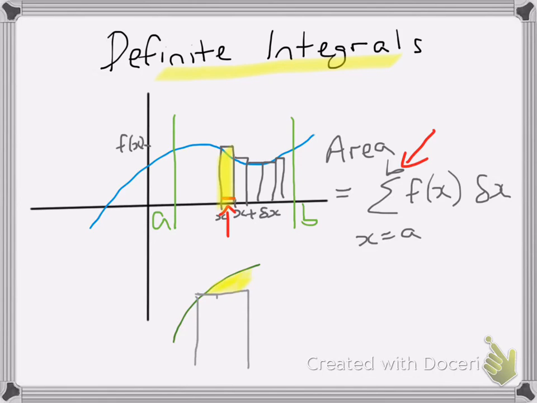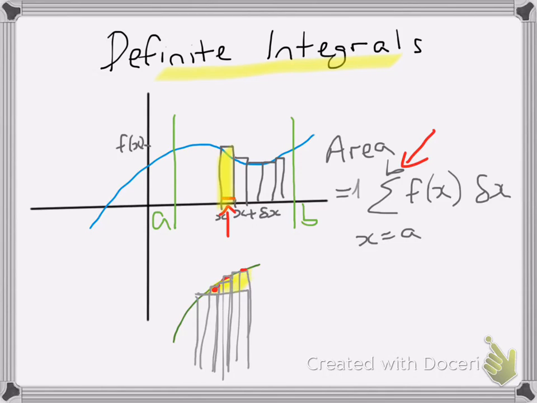So if I draw them, say, half the width or a third of the width, then all of a sudden the area that's not getting counted is just these little small sections here, and it's much smaller. And if I make them even smaller again, it's going to get very crowded very quickly, but the amount of area that I miss is even smaller again. So what I want to do is make those widths as small as possible.